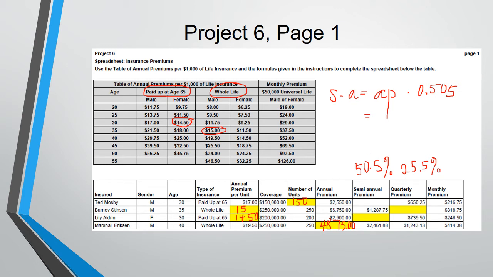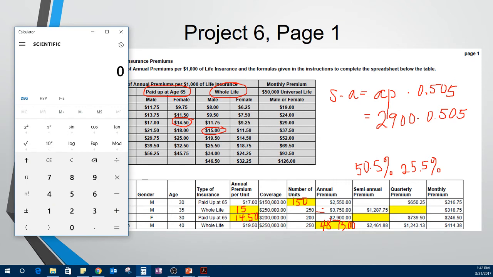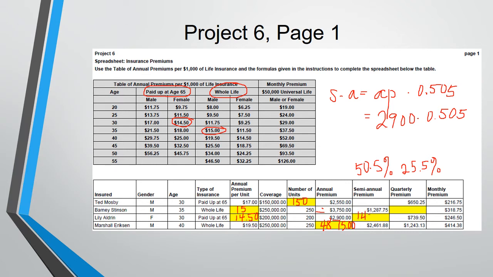Annual premium for Lily Audrin is $2,900. So we're going to put in $2,900. Multiply that by 0.505. So we do 2,900 times 0.505, giving us $1,464.50. Remember, we need to write two decimal places just because we're talking about money. Alright, so that is semi-annual premium.